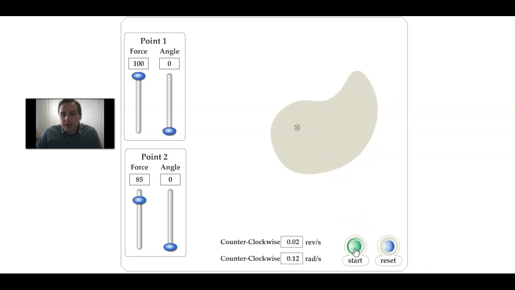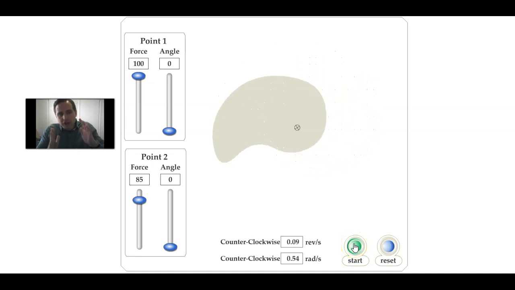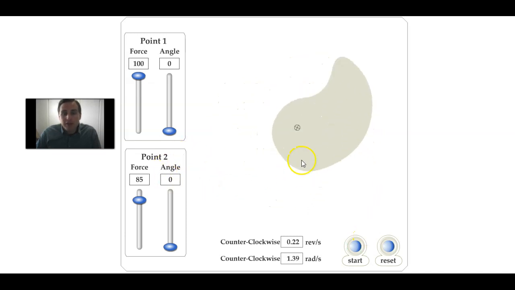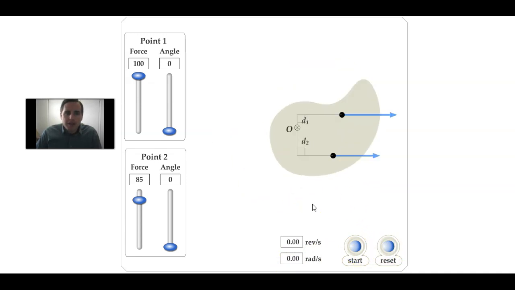Let's start this, and even though the directions of those two angles are balancing each other, the counterclockwise magnitude is larger than the clockwise torque magnitude. So we do get angular acceleration here. This is in radians per second, so this is the angular velocity. The angular velocity is increasing with time because we have a net torque. I hope that makes sense.